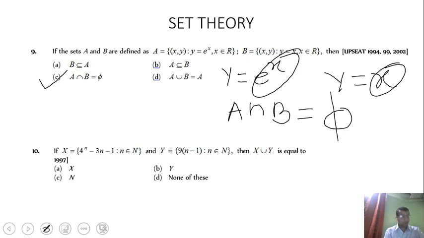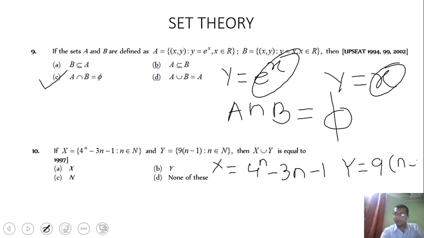Next example, if x equal to 4 to the power n minus 3n minus 1 and y is related by 9 into n minus 1. Then we need to find the x union y value.